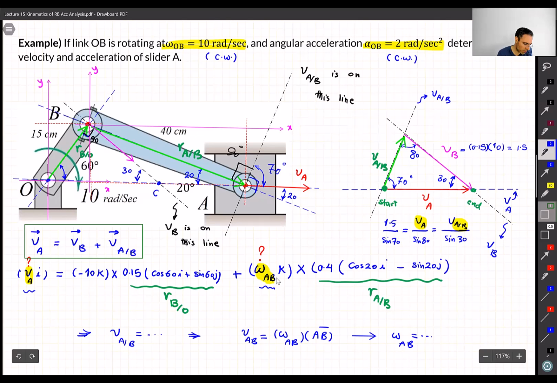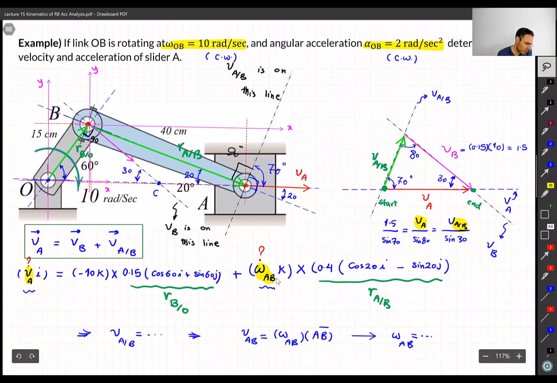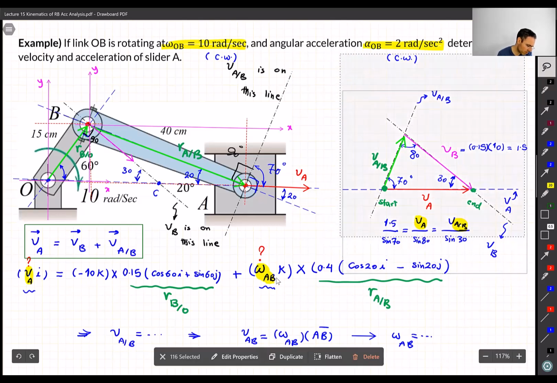So please do not confuse these together. Maybe I should have done a better job. Let's move that one there, and let's move all of these somewhere there.